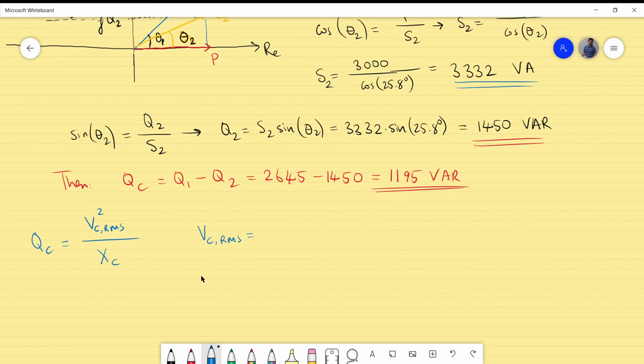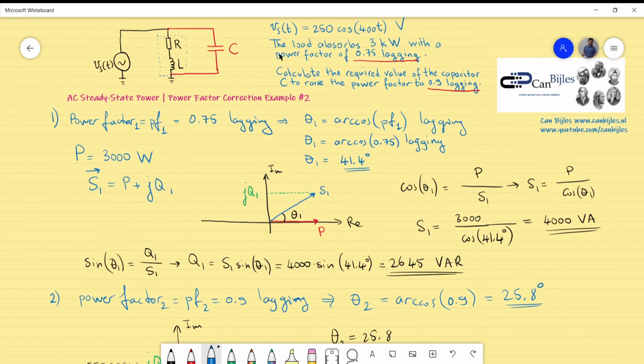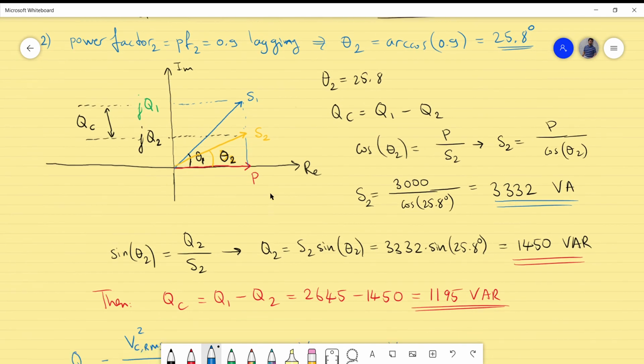VC RMS will be equal to the V supply RMS. But now comes the question, what is the V supply RMS? The question in place gave us the value of the supply voltage Vs, but this is an amplitude, so that's 25 volts, just as an amplitude. Because this is a pure sinusoidal signal, I would like to go to the RMS signal. RMS value will be divided by the square root of 2, very simple in this case. So what we have is the following.